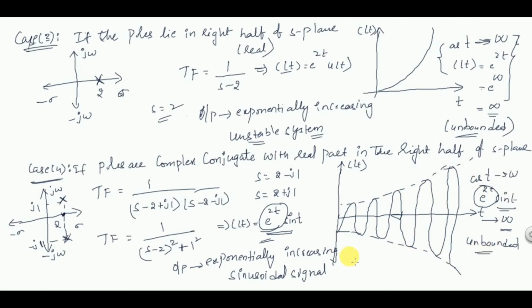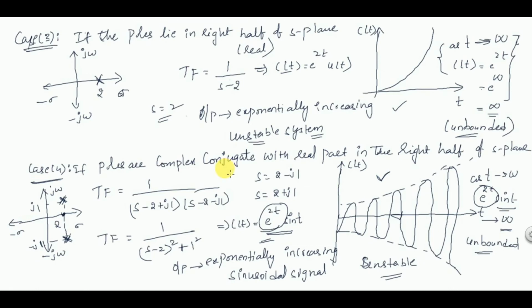So the system is an unstable system, because the poles lie in the right half of S-plane. This is the difference between real poles and complex conjugate poles which lie in the right half of S-plane.